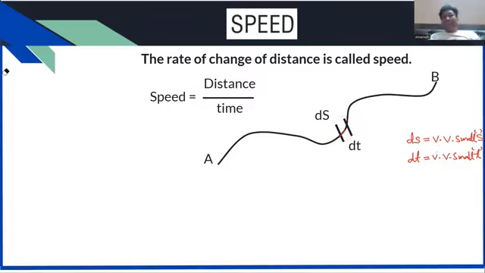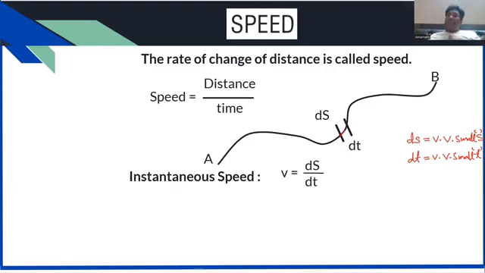So instantaneous speed is simply ds by dt. We have to remember this. We call it differentiation of s with respect to time. We have already discussed in basic maths what is differentiation. ds by dt means very small distance by very small time.